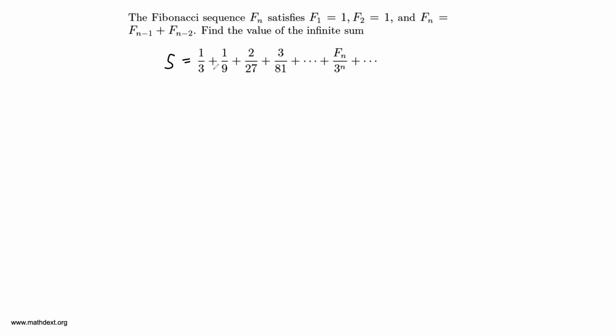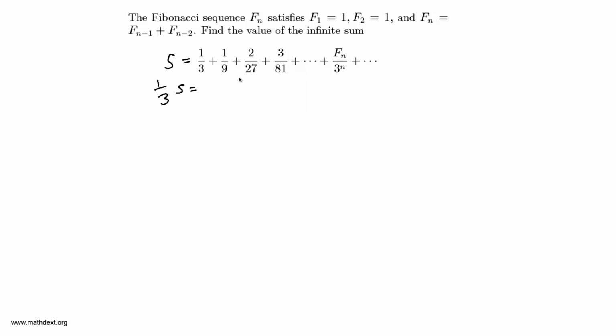And as is typical in these kinds of problems, a strategy to keep in mind whenever you see something like this is to divide both sides of this series by 3. You get 1/3 S is equal to each of these terms divided by 3.